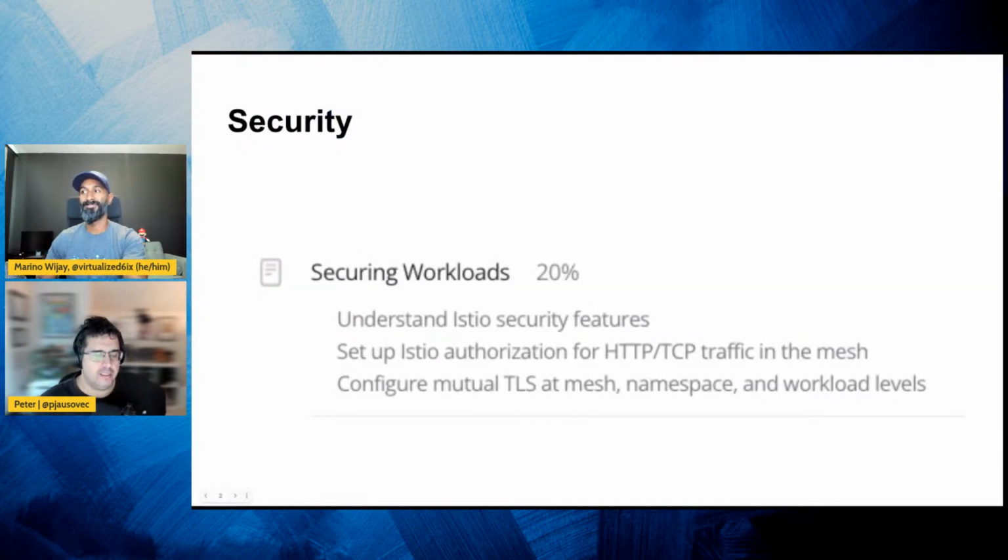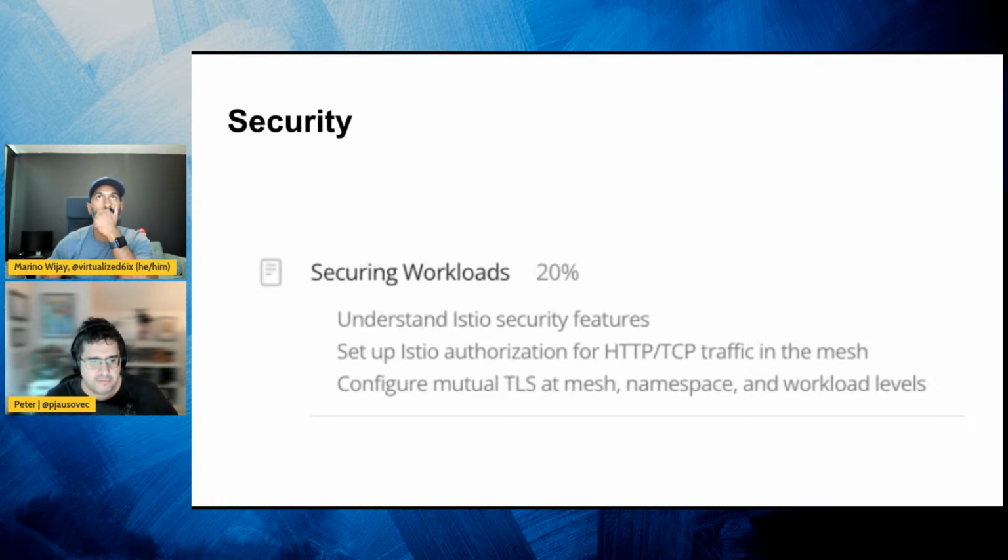So security in terms of what's in the curriculum portion of the exam, it says that securing workloads is 20% of the score, and there are 3 things listed. Understanding Istio security features, which is very generic, and setting up authorization for HTTP and TCP traffic in the mesh.